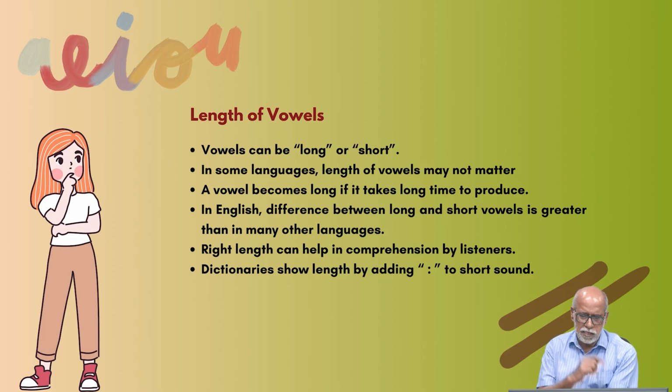So, right length can help us in better comprehension by listeners. Okay. How do dictionaries show length? When you look up a dictionary for pronunciation, usually they use a colon after a long sound.